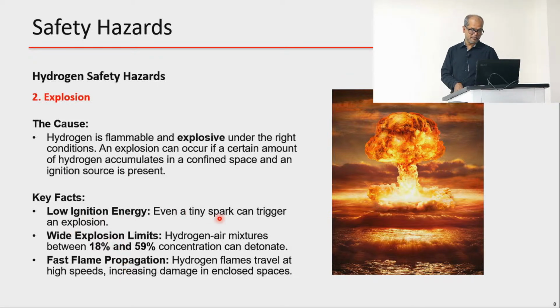Even a tiny spark can trigger an explosion. A hydrogen-air mixture between 18 to 59% concentration can detonate. Fast flame progression: hydrogen flame travels at very high speed, and that increases damage, mainly in an enclosed space.